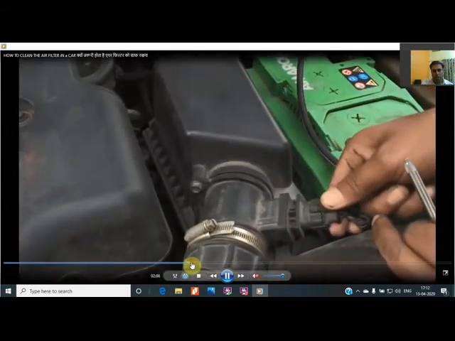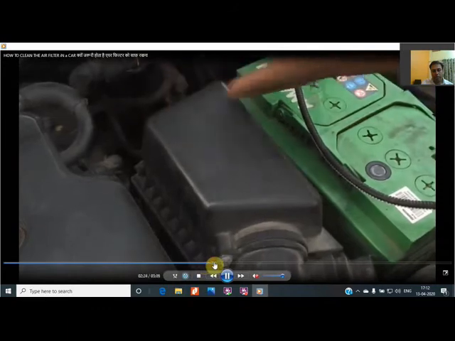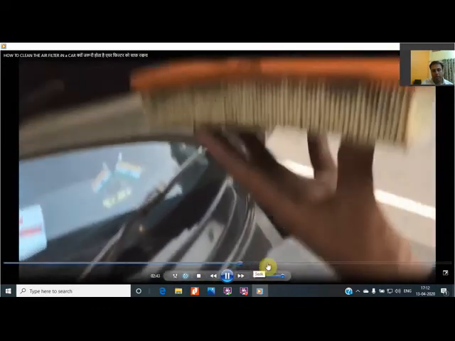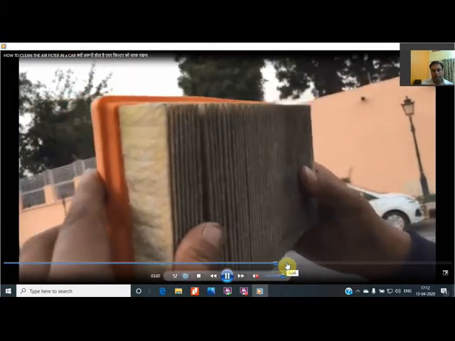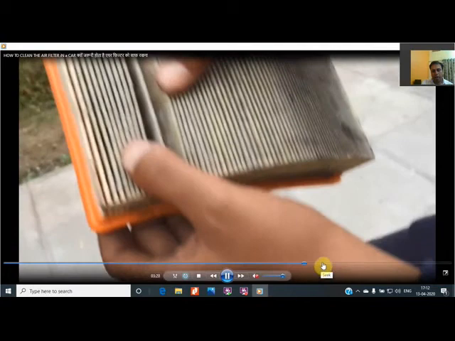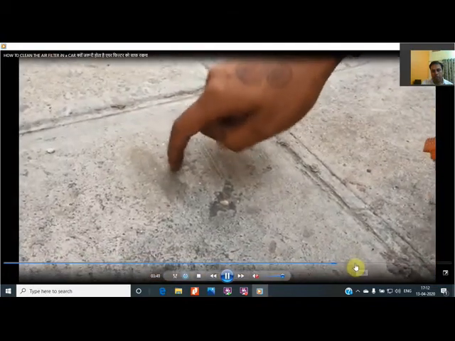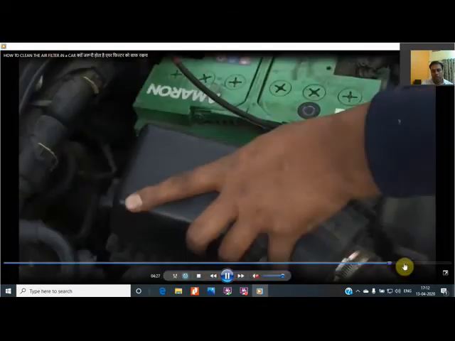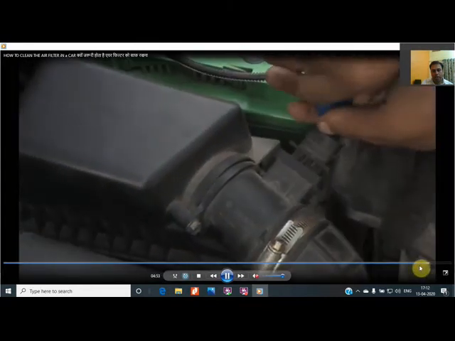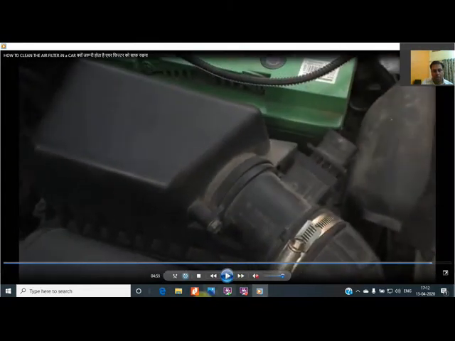So he will open this particular thing. Now he is opening. Now he has taken out the filter and it is being cleaned either by damping it, by some jugs, or by compressed air, because most technicians generally use compressed air to clean it, and it is placed again if it is not damaged.